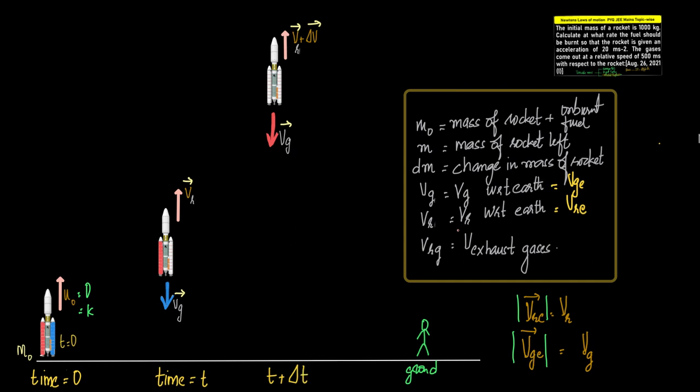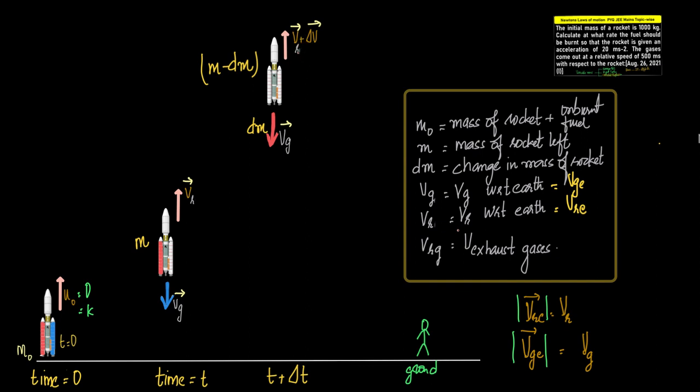After some time dt, the mass of fuel has also burnt. Say the burnt mass of the fuel is dm. The mass of the rocket at this point was m. So the new mass is m minus dm, and there will be a minor change in the velocity: the velocity of the rocket plus delta v, both in vector notation.